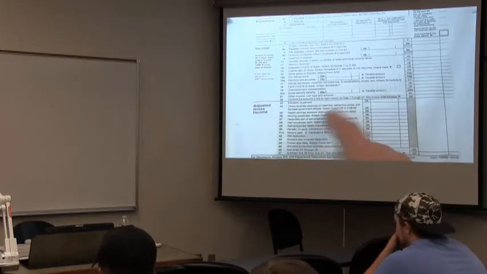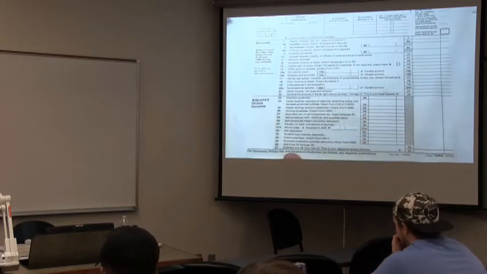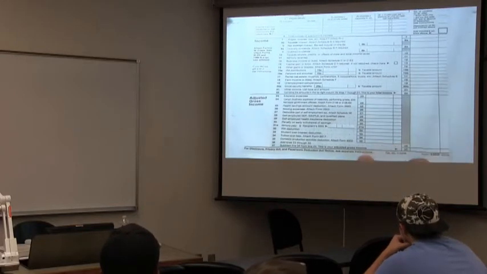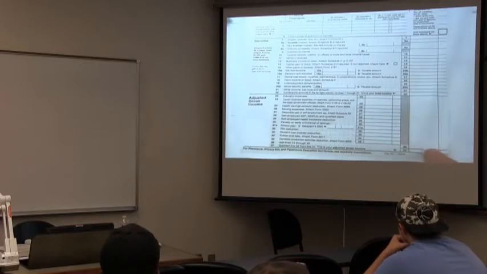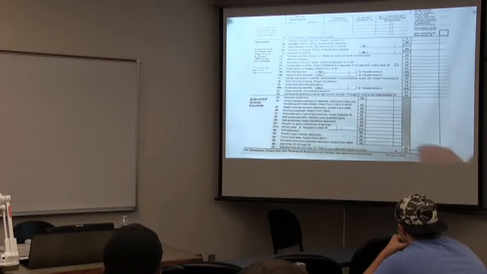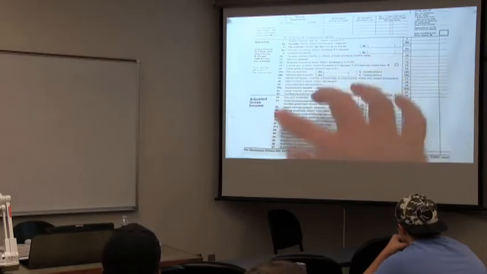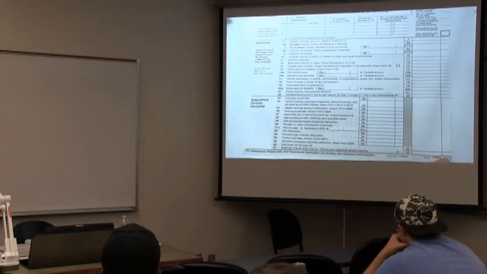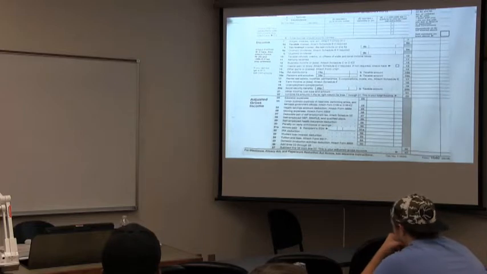Now down here, we have our above the line deductions. If you look at line 37, this is your adjusted gross income. Basically, anything on page 1 of a 1040 goes toward calculating AGI. If it is on page 2, it does not affect AGI.